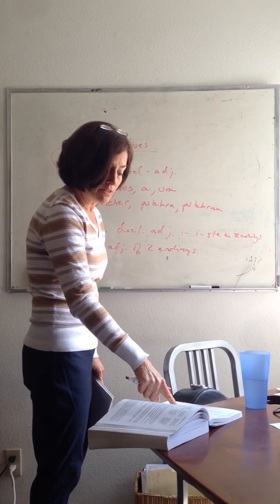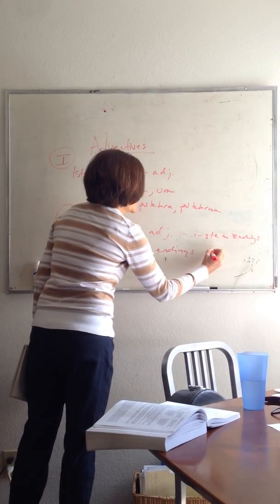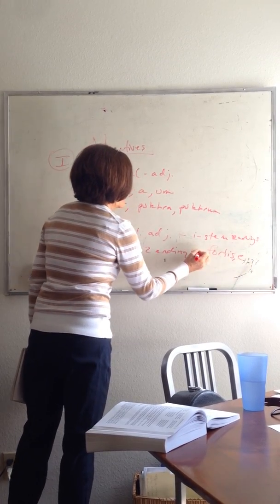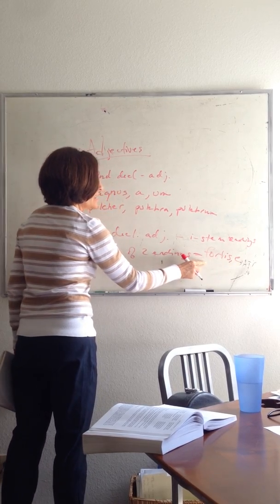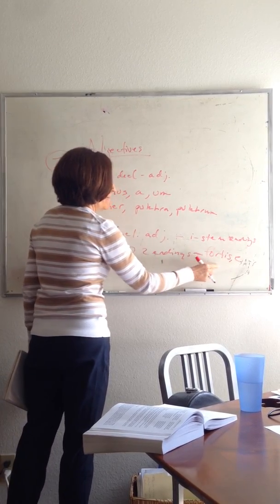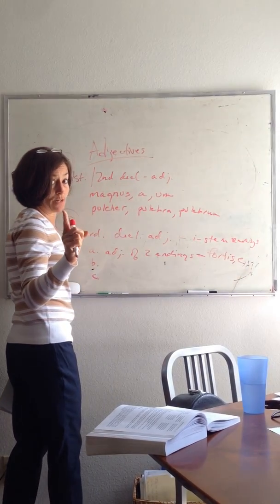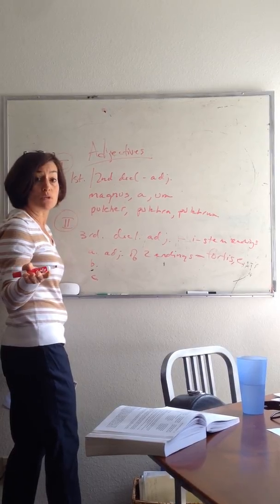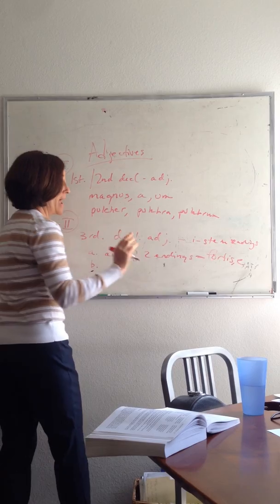Now if you look at the adjective of three endings, so let's see, we'll put 4. This is how it would be listed in the vocabulary. So what does that mean? That means in the vocabulary, you look at this word and you notice it's an adjective. How do you notice that? Well, for one thing, there's no gender listed after it. Adjectives do not list the gender in the vocabulary because you never know what gender you need, right? Nouns always have the same gender, but adjectives do not.